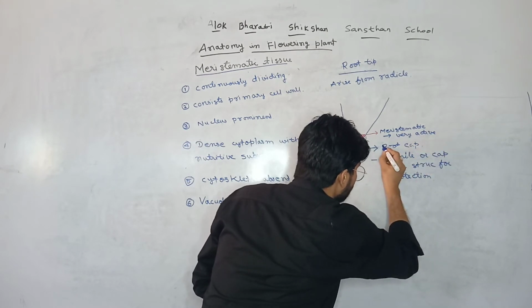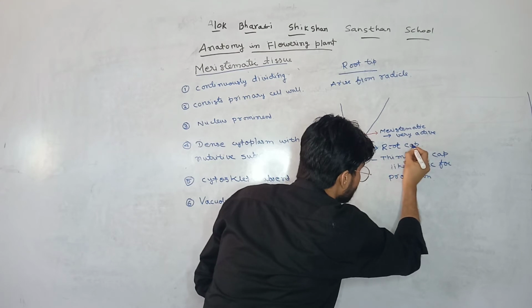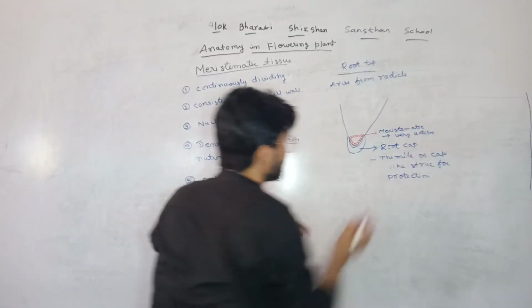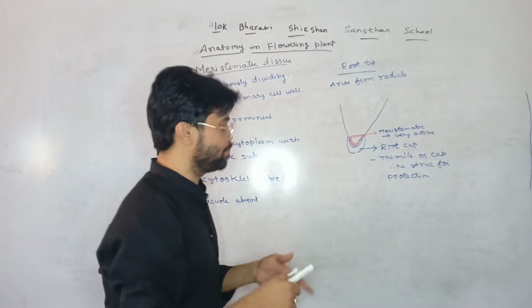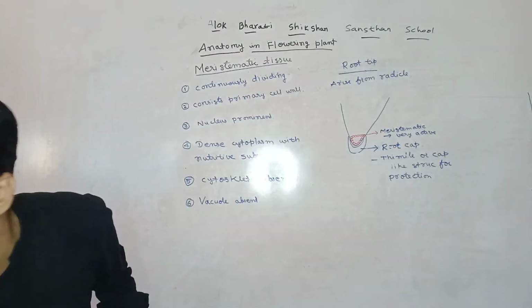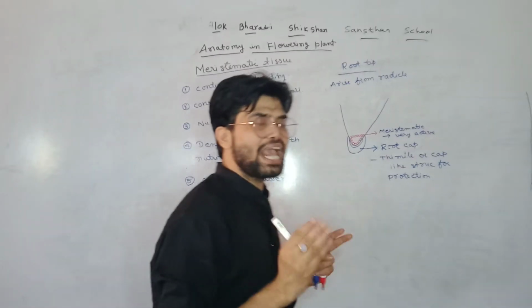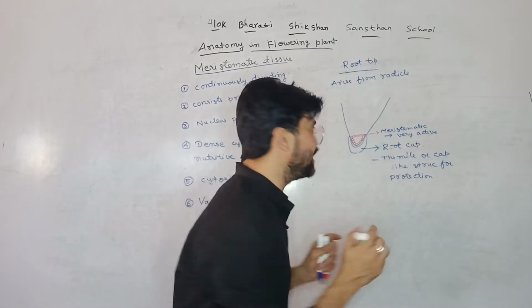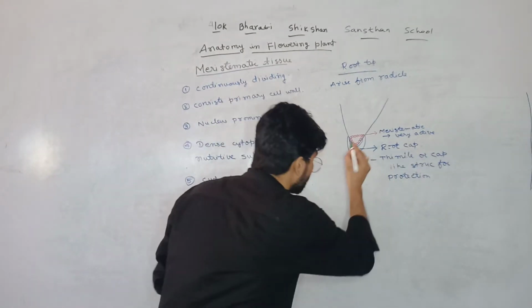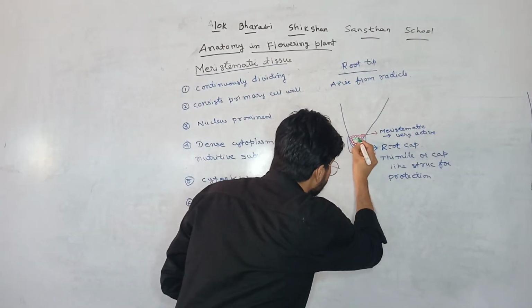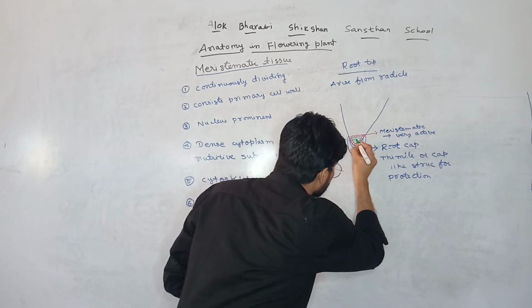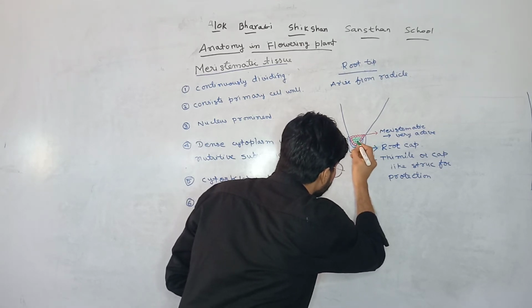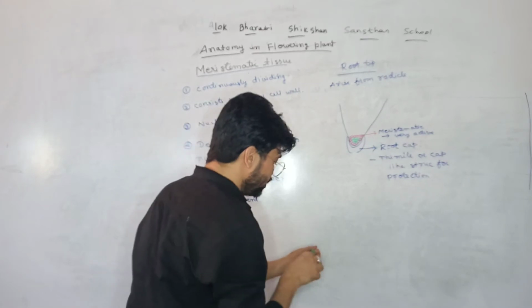Okay, after that my dear student, you can see that in the center of this meristematic tissue there is the quiescent center, which is not active but it will divide at the time of emergency. So here I am making one more tissue known as quiescent with the green color chalk.